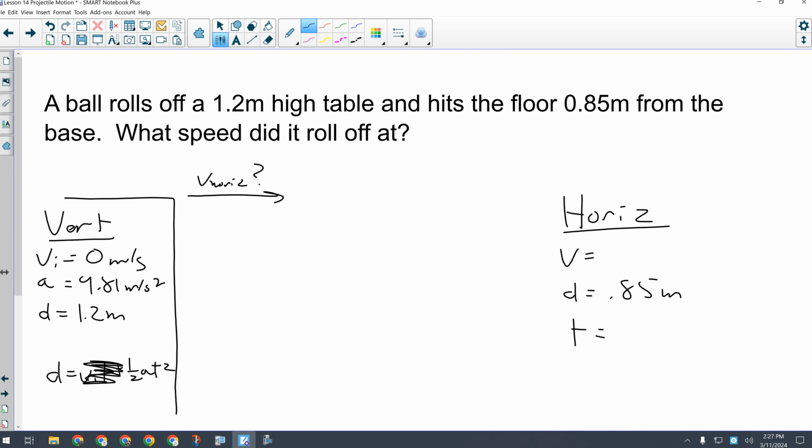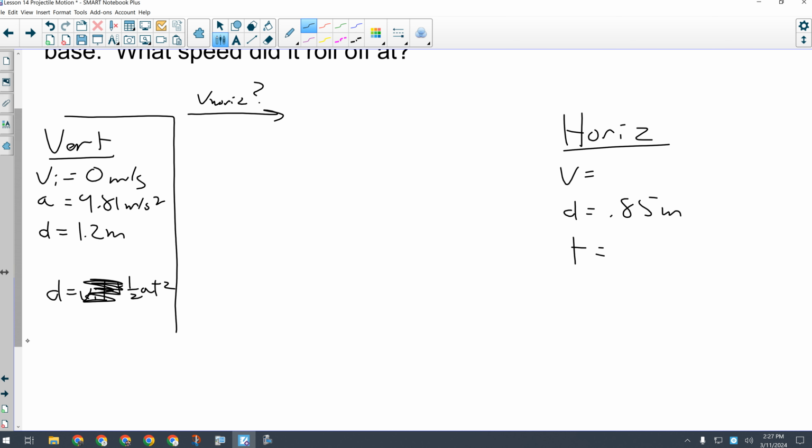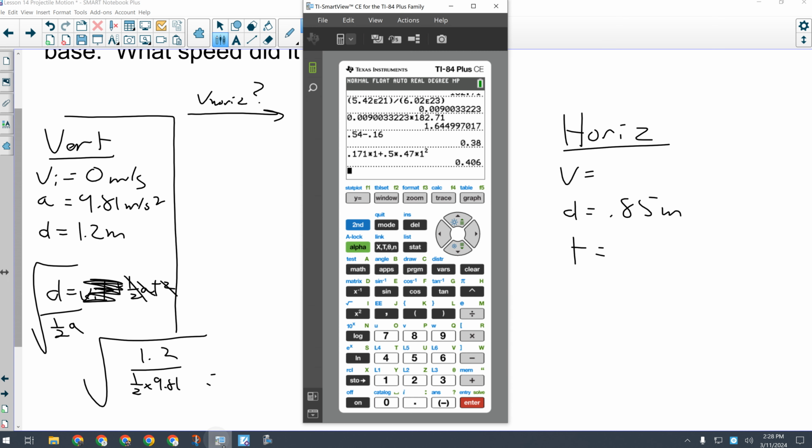Since VI is 0, we can cancel that part out, and we are simply manipulating for T. So we would divide both sides by half of A and then square root to get T. That'll be the square root of 1.2 divided by 0.5 times 9.81. So this thing is going to fall for 0.49 seconds.